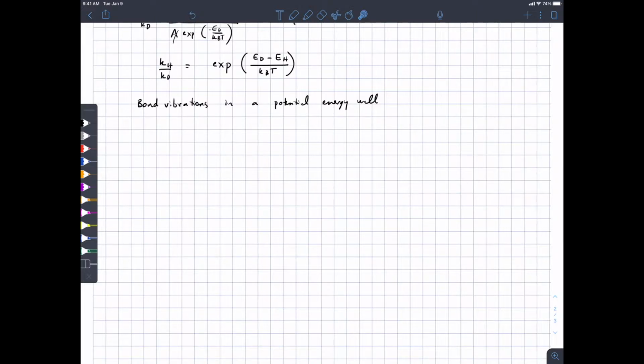So if you have a particular bond vibration, we're going to let this E equal, this number is going to be the vibrational energy.